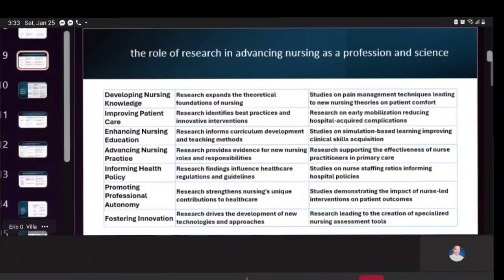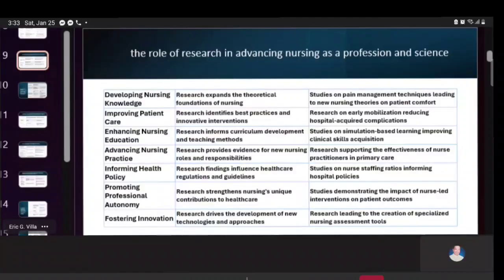Research also plays a vital role in improving patient care by identifying best practices and innovative interventions. A prime example is research on early mobilization of patients, in which, as the study results show, there is reduced hospital-acquired complication, thereby improving overall outcomes.